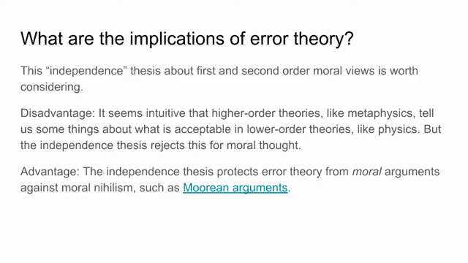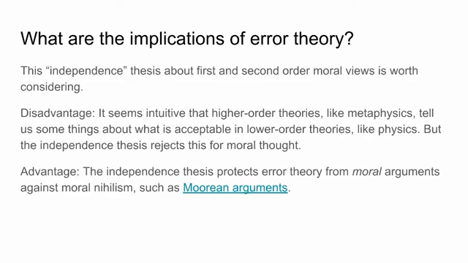Metaphysics tells us to some degree what's acceptable in our theories about the physical world. Metaethics tells us to some degree what's acceptable in our ethical theories. But the independence thesis particularly rejects this for moral thought. So it's a little counterintuitive, because you would tend to think that second-order views would impact first-order views, not only in ethics, but across the board.